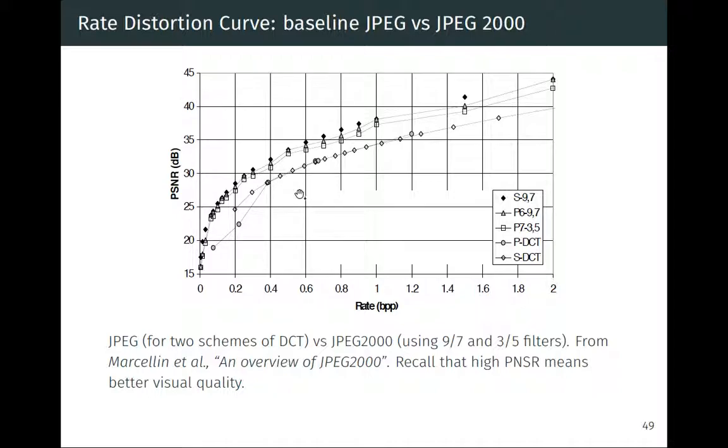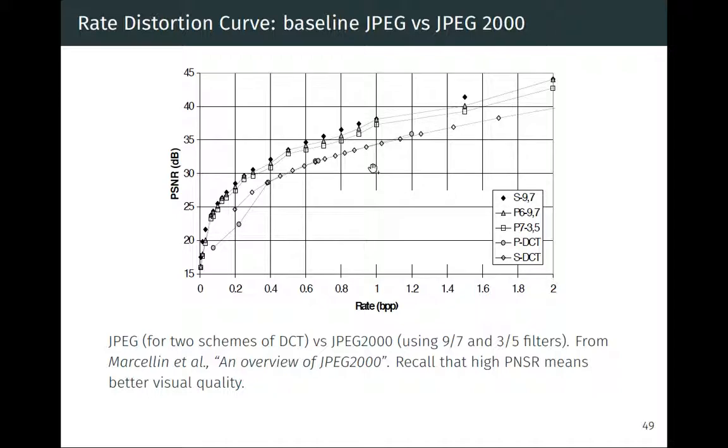So where is JPEG? P is for progressive and S for sequential, but it doesn't matter. So PDCT and SDCT, this is where your points are. And all the other points are your JPEG 2000 using wavelets.